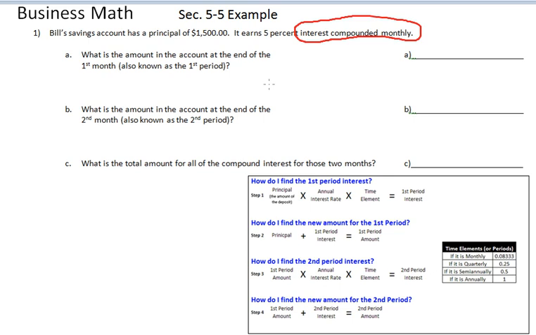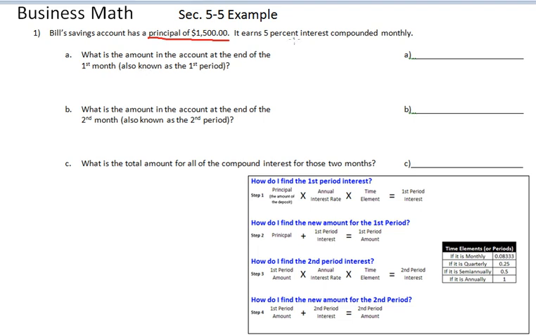It's a wonderful thing. For today, I'm going to go over the first problem from your homework, number 1, about a young man named Bill. Bill has a savings account with a principal of $1,500. Once again, that's how much money he has in his bank account.